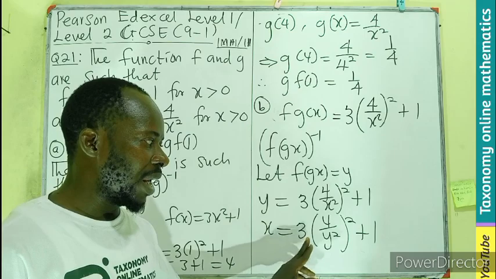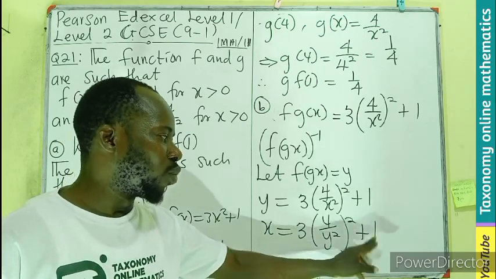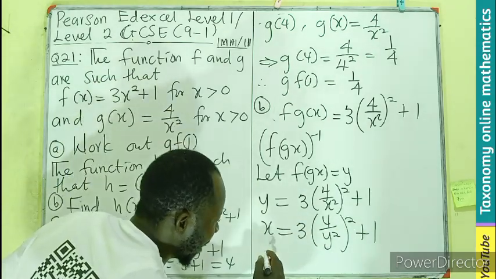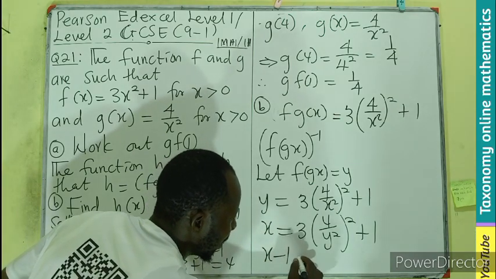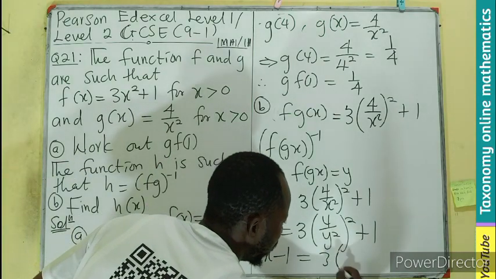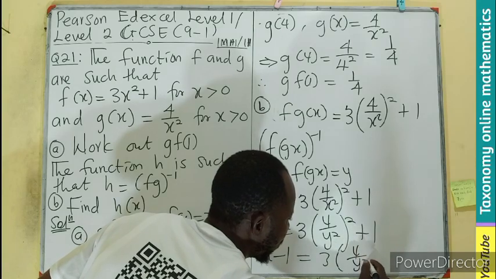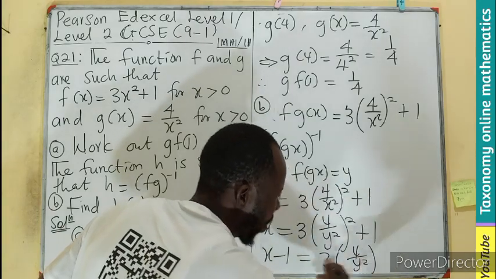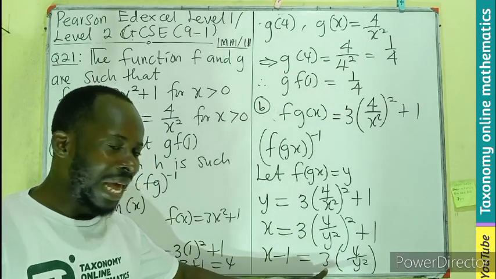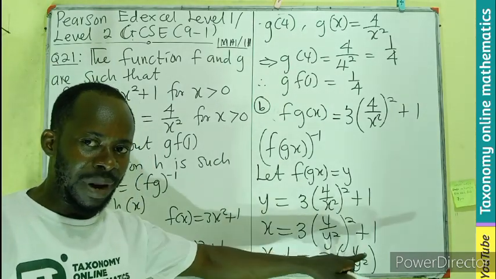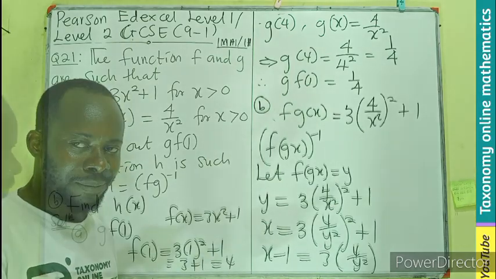It is having a multiplier. We first subtract 1 from both sides, and that gives us x minus 1 equals 3 into bracket 4 on y squared, all squared. The 1 minus 1 will cancel, so that is gone. Now we need to clear away the 3. Since it's multiplying, we divide by the 3.